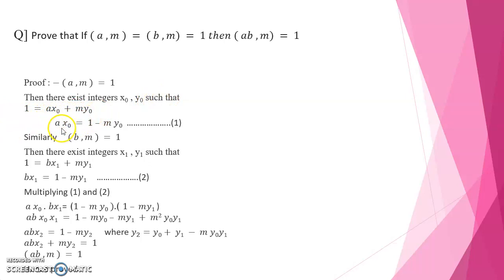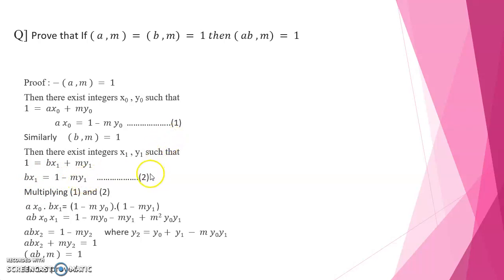Rearranging this, I get ax0 is equal to 1 minus my0. Similarly, GCD of b and m equal to 1, then there exist integers x1 and y1 such that 1 is equal to bx1 plus my1. Again rearranging, bx1 is equal to 1 minus my1.